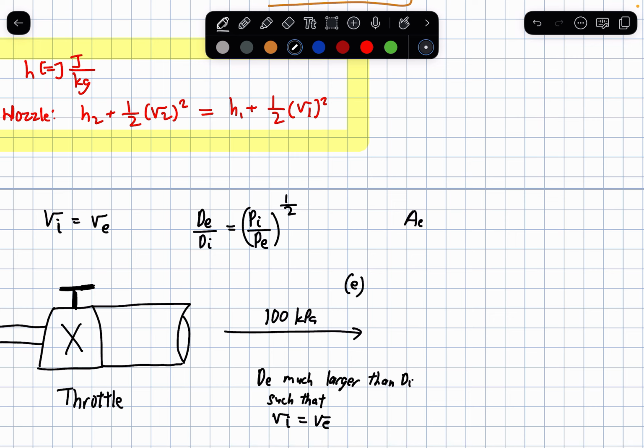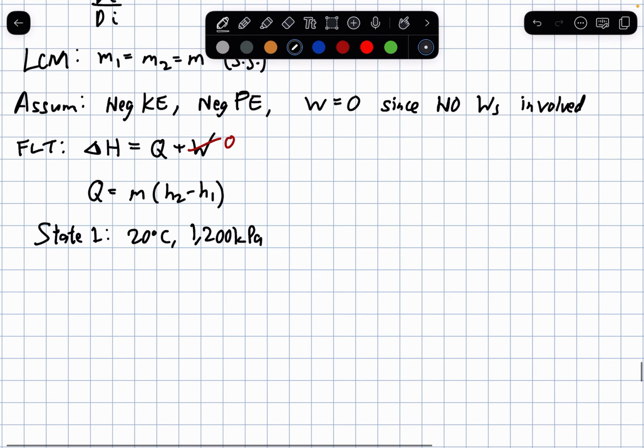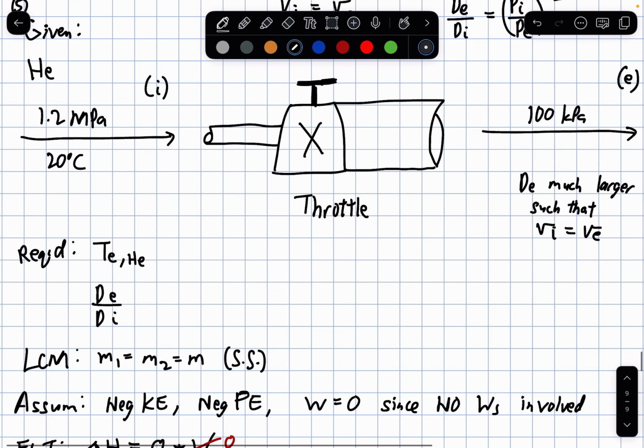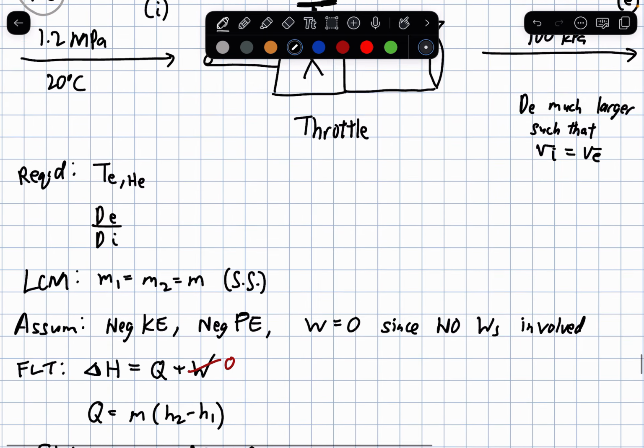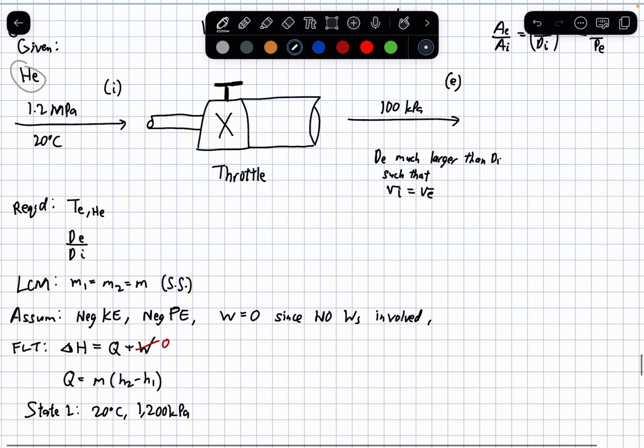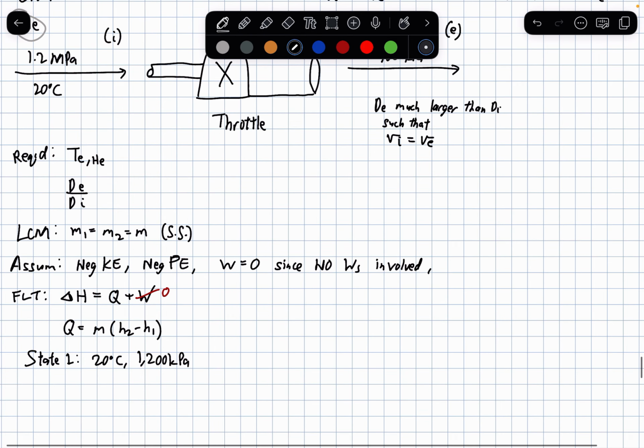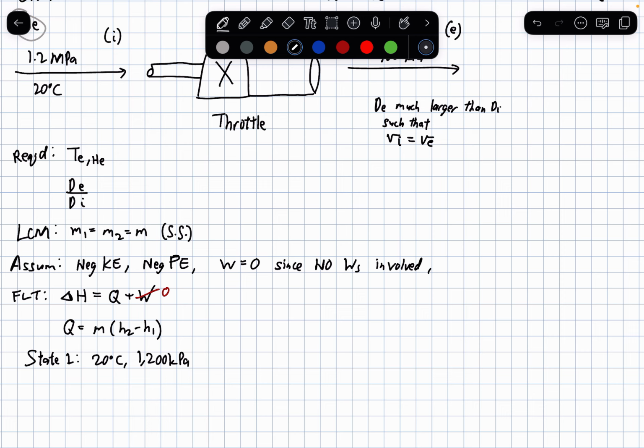There's another relationship: AE over AI equals dE over dI raised to 2. We'll worry about that later. For the time being, our gas is helium, no? Our Sonntag table doesn't have helium.